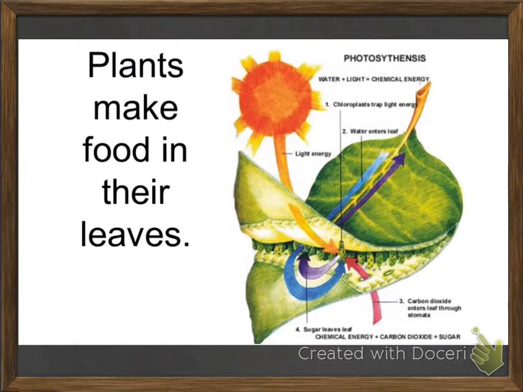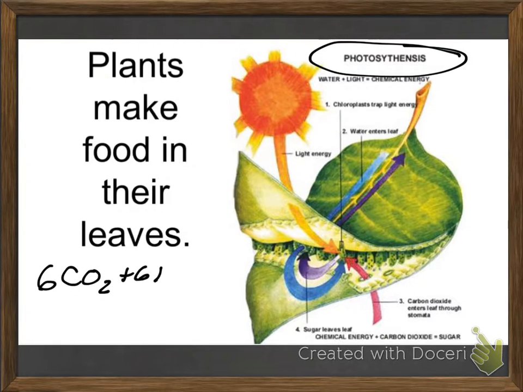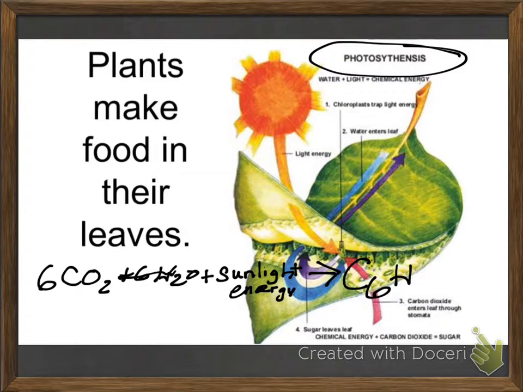So plants make food in their leaves. We know this to be the term photosynthesis. We had talked about it in that wonderful equation that we did earlier this year: 6CO2 plus 6H2O, plus the sunlight energy, yields C6H12O6 plus 6O2.